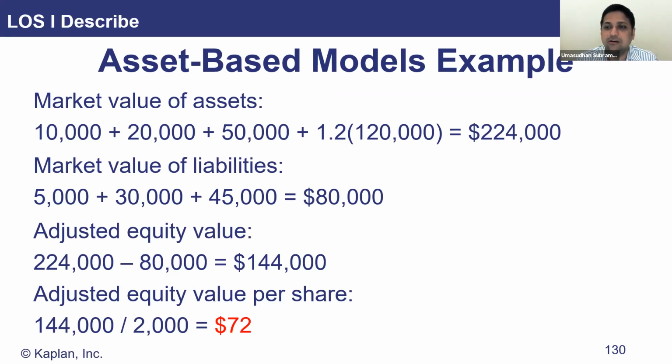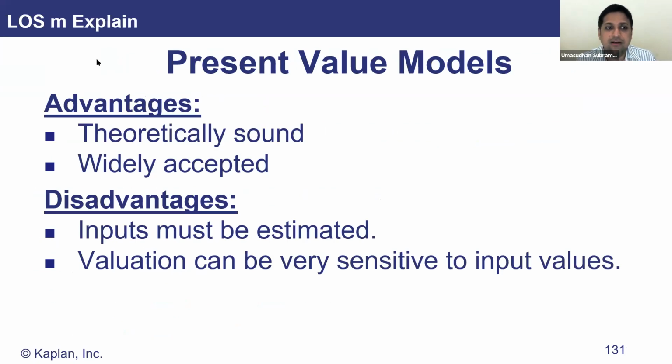For banks, it's not such a big asset, because the core business of the bank is lending money, and loans are part of your balance sheet. Hope that makes sense. So it depends, again, on the industry and how rich your balance sheet is. So this is 72, and this is the fair value for a company.